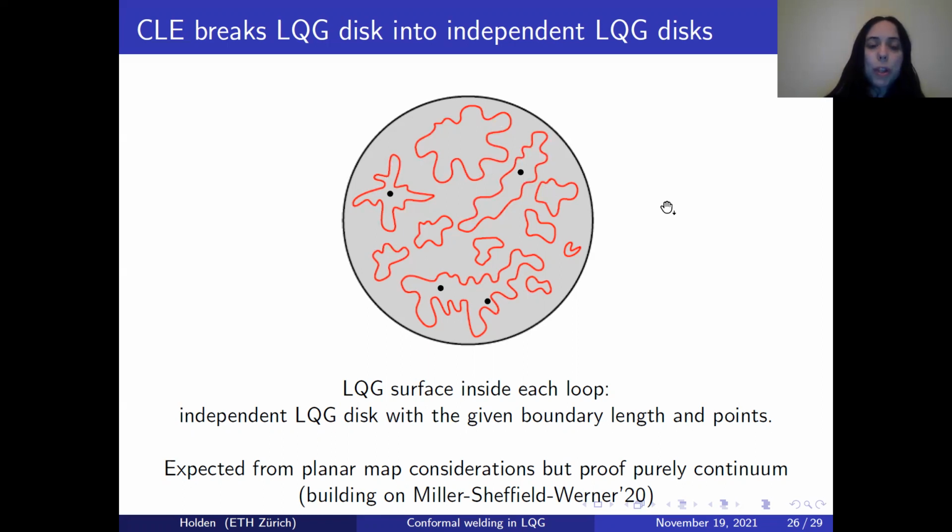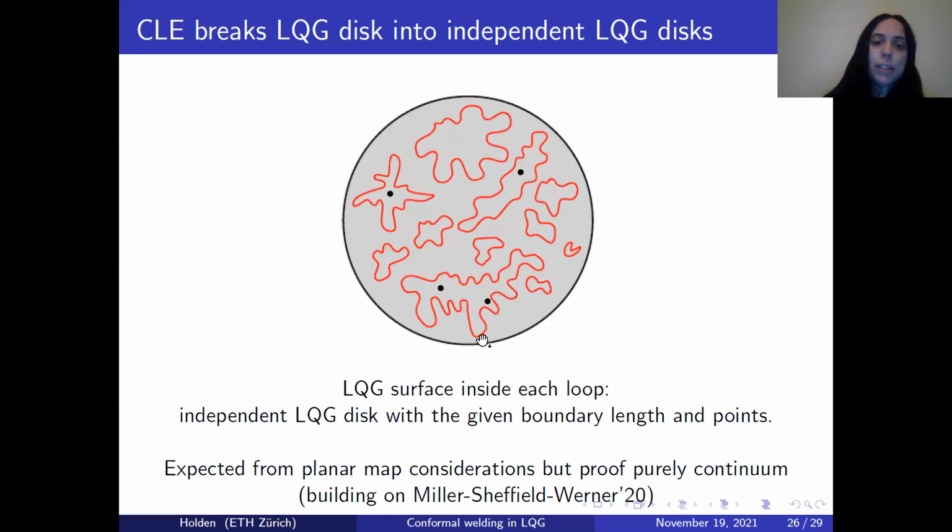What is possible to prove is that these smaller LQG surfaces are entirely independent of each other if we condition on their boundary lengths. In addition, the law of these smaller LQG surfaces is identical to the law of the original surface, if again we take into account that the boundary length is different, and we also condition on which marked points fall into the various surfaces.